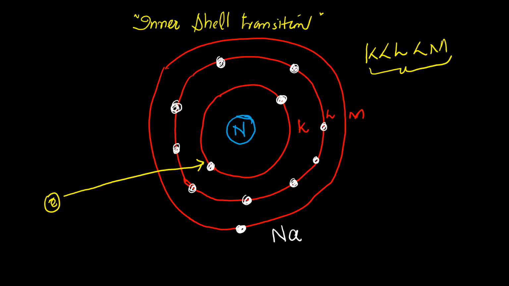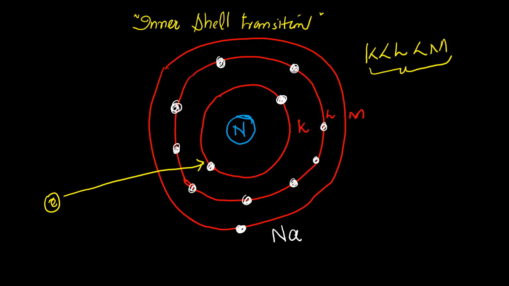If the energy of this incident electron is higher than the binding energy of the electron bound in this energy level, then this incident electron will cause ejection of the electron which is present in the ground state.